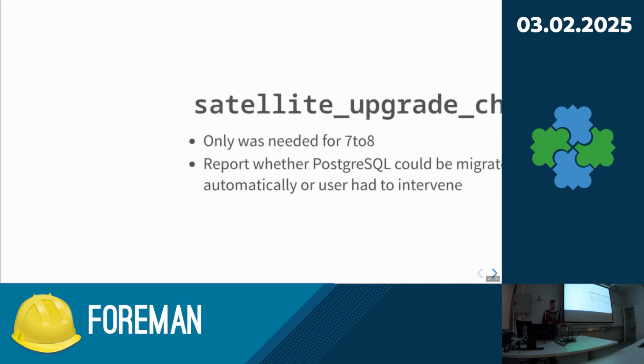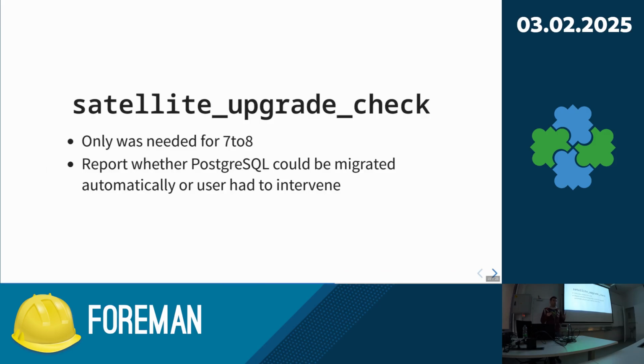It would go there and look at the facts that we generated earlier and see, is PostgreSQL on its own partition? And if it is, moving it to the other directory would need more space, or the same amount of space there. If there's not enough space, emit an error to the user.